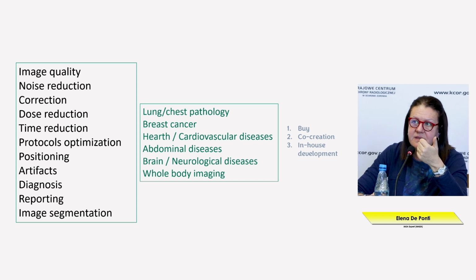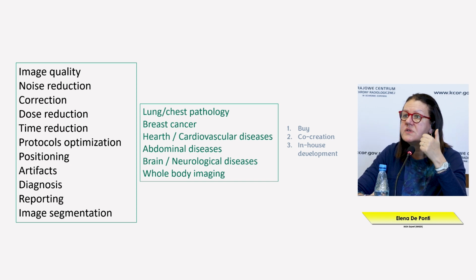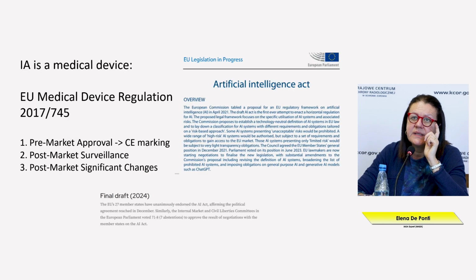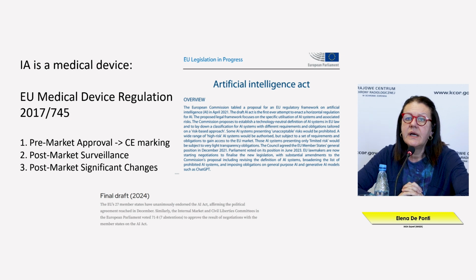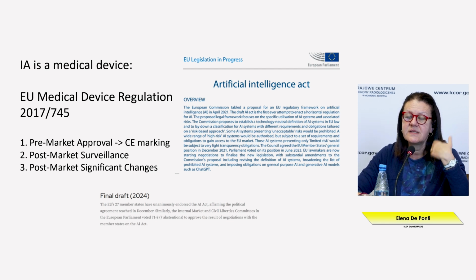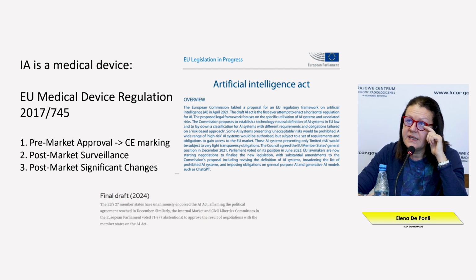We can buy some tools of artificial intelligence, or collaborate to create a new tool, or develop some in-house tools. But we have to remember that artificial intelligence is a medical device, so it needs a pre-market approval, a post-market surveillance, and a post-market review of significant changes, as some evidence may become available that it needs updates.